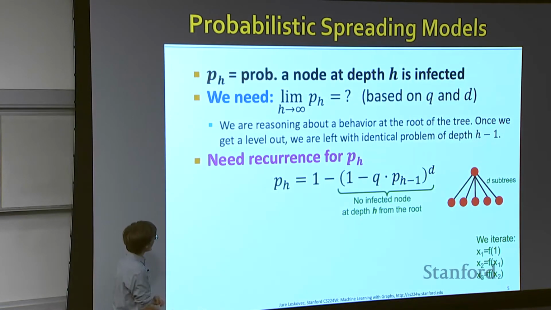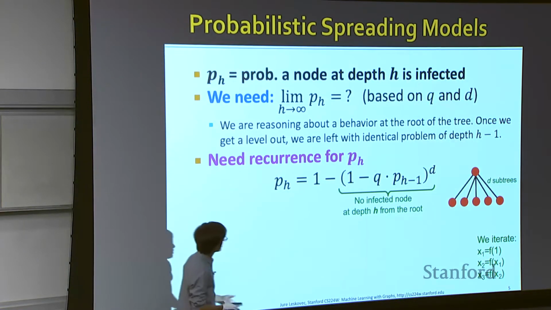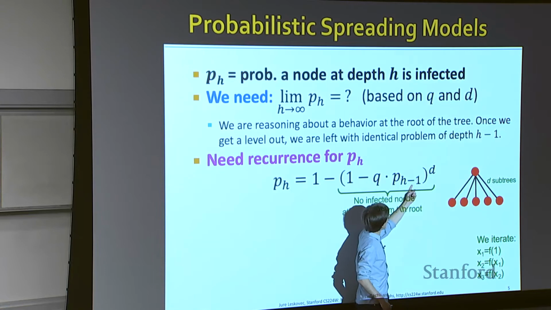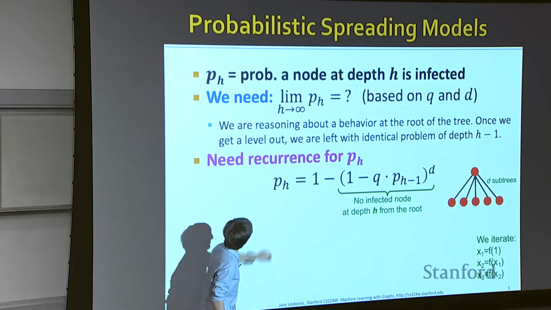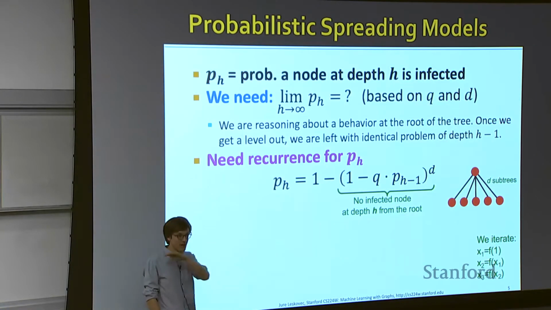Now what we really want to do is say what happens to this p of h, and how does this p of h change from h minus 1 to h. And p of h is the probability that there is at least one infected node at a given depth.